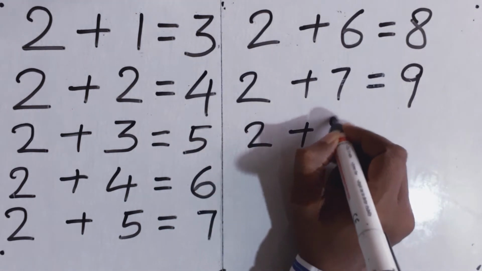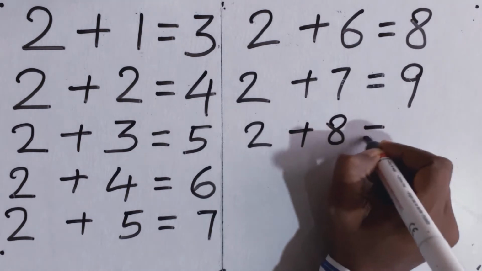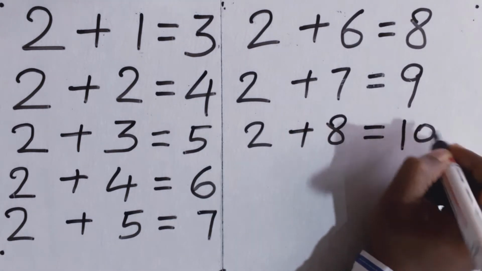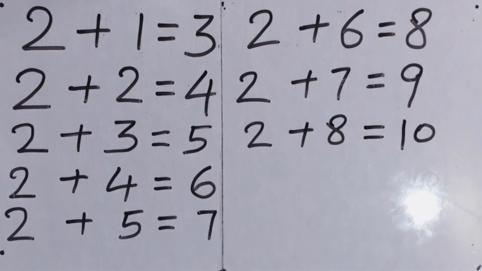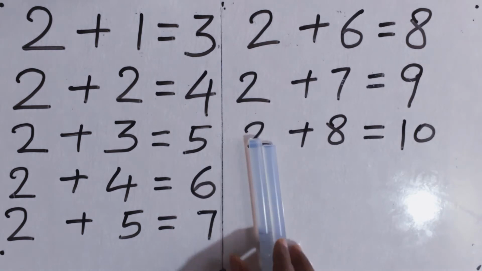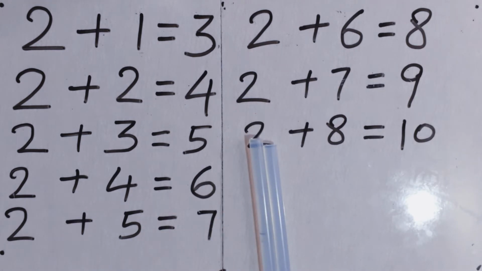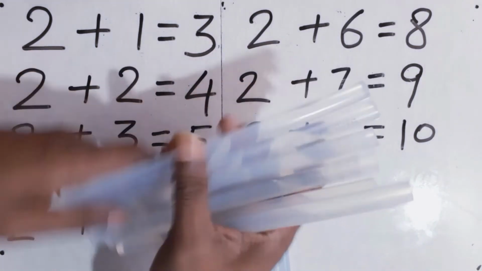2 plus 8 is equal to 10. These are 2 sticks. These are 8 sticks.